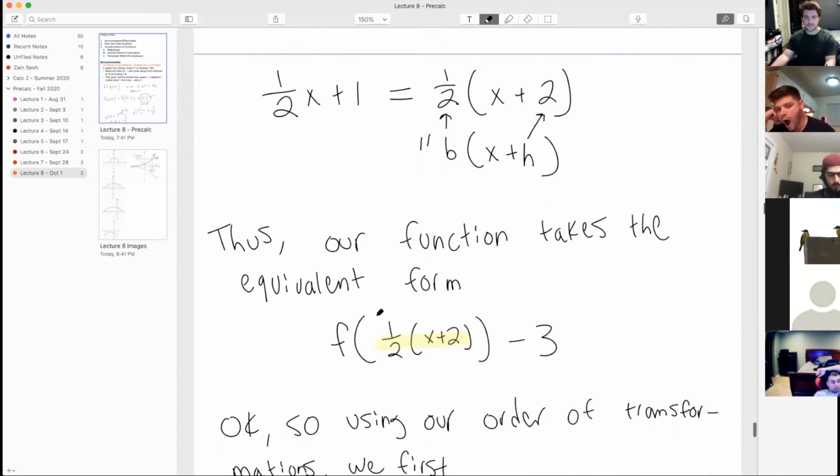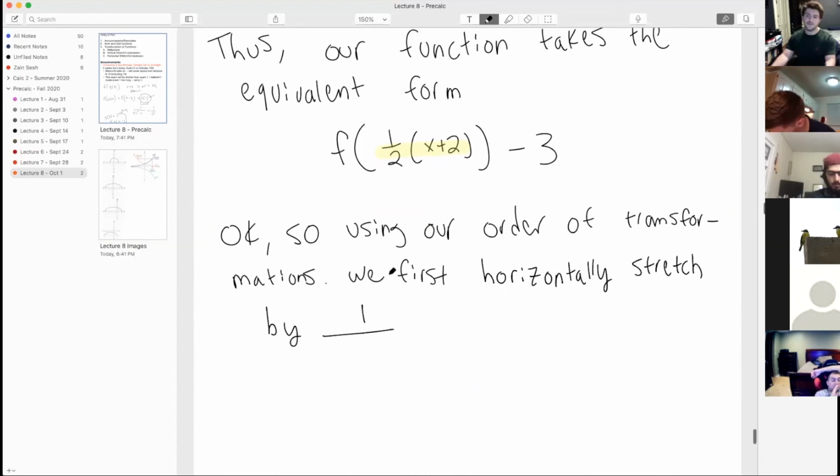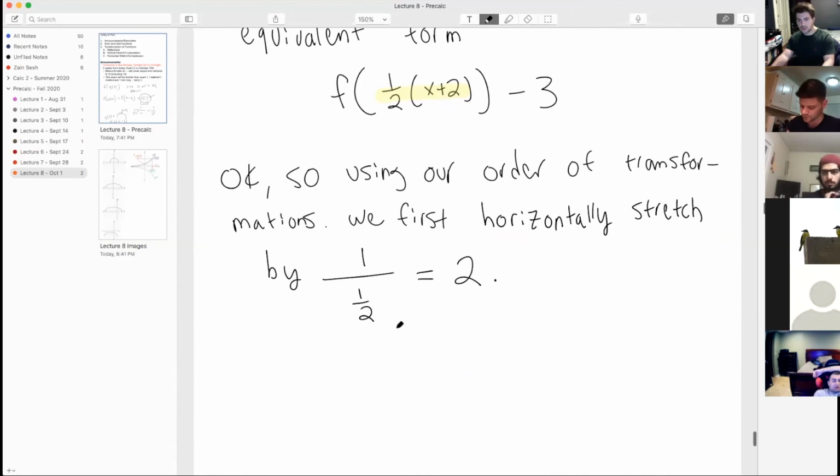So we first horizontally stretch by 1 over b. What is b in this case? It's 1/2. So it's 1 over 1/2, so this is 2. That's what you do first.